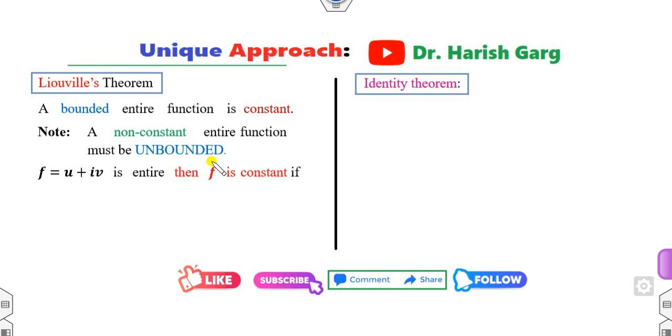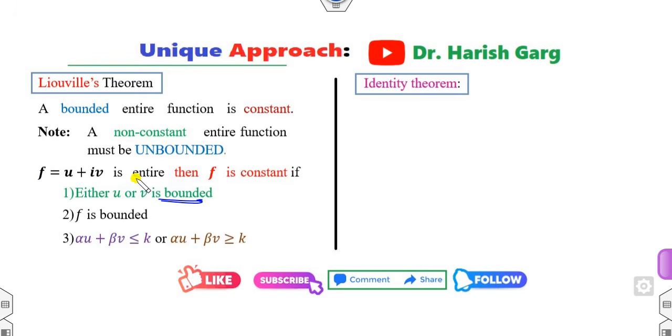What are the various conditions when you can say the function is constant? The first point is definitely that f is bounded, by the definition. Second, instead of f, if you prove that either u or v is bounded, then again the function is bounded, and if you prove the function is bounded, then again the function is constant.